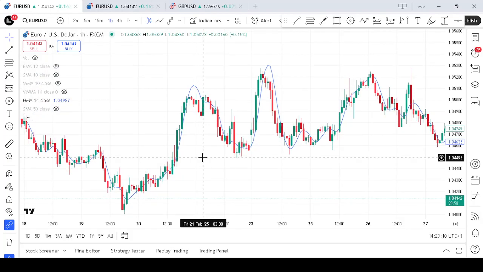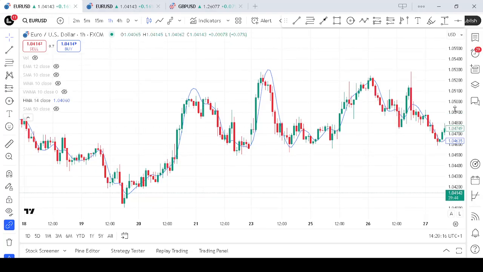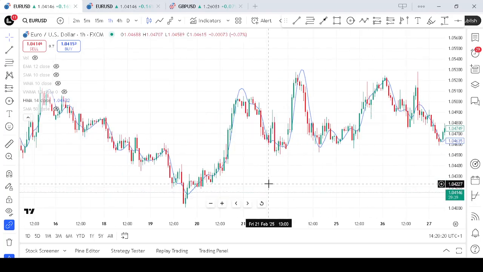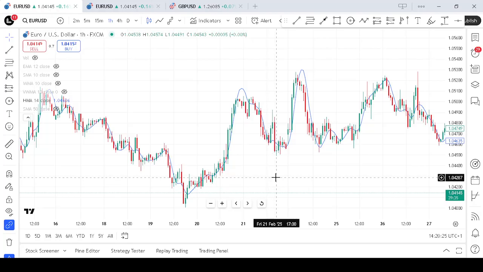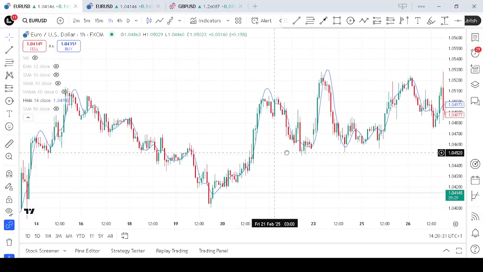In this chart you can see how the HMA follows the price action closely. Its smooth curves help you identify trends without the noise that can come from other moving averages. This responsiveness makes it easier for you to spot potential entry and exit points in the market.